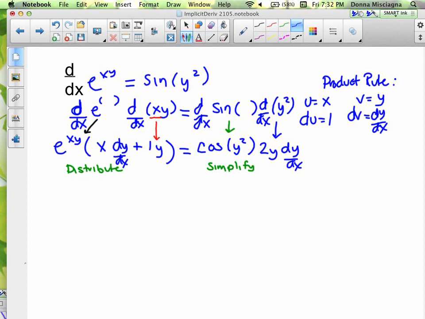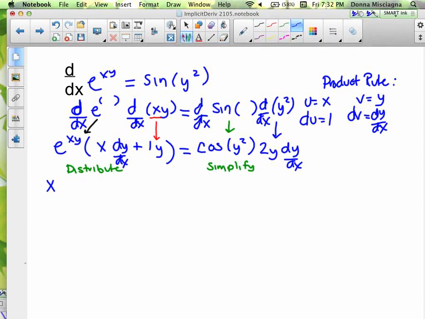We usually write anything but e first, so the x is going to look much nicer in front of the e, rather than on the back side of the e where it might get lost in its exponents. So this is going to be x e to the xy. And then I'll just put the dy/dx at the end. It kind of looks nicer at the end.